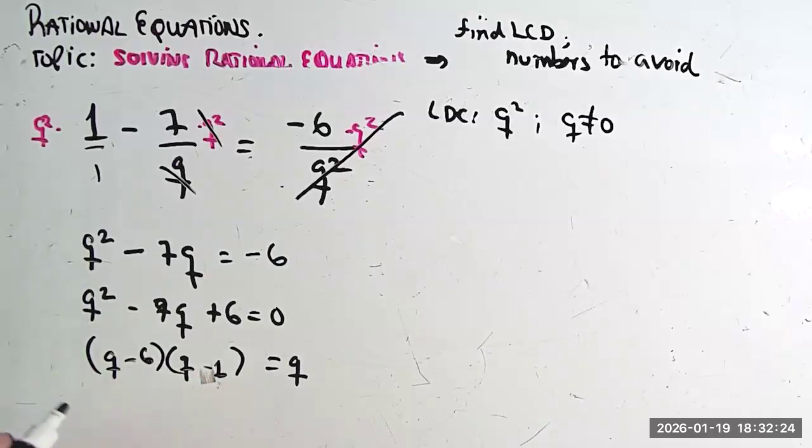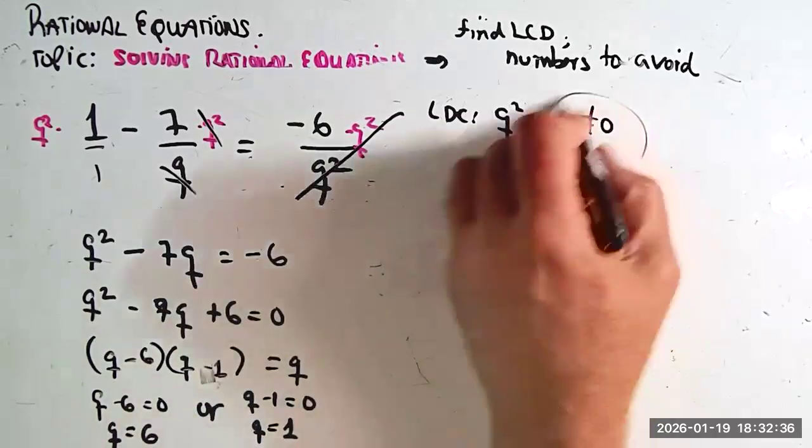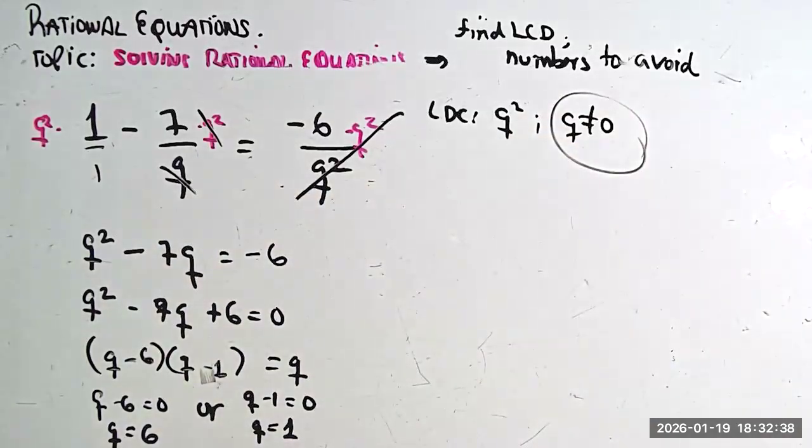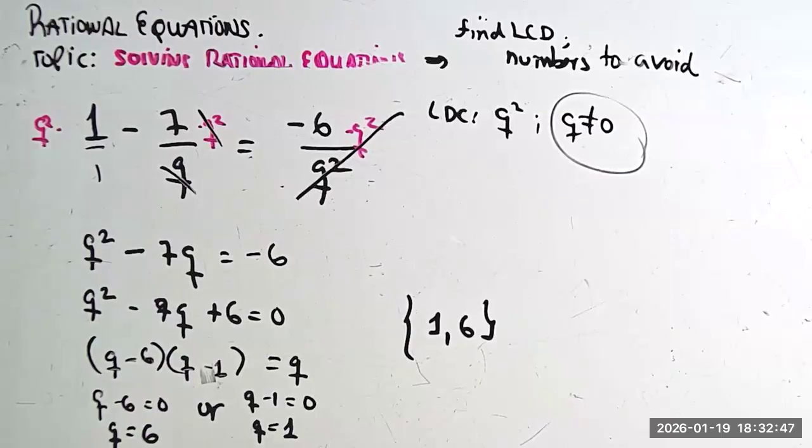So when q minus 6 equals 0, q equals 6. Or when q minus 1 equals 0, q equals 1. Notice that the only number we had to avoid was 0. So we take both answers. The two answers will be 1 and 6. Of course, I always encourage that you verify it in the original equation.